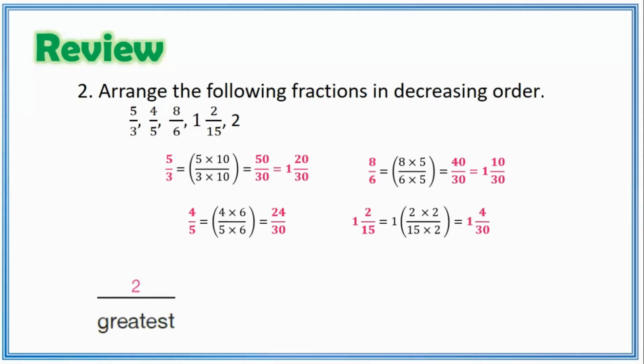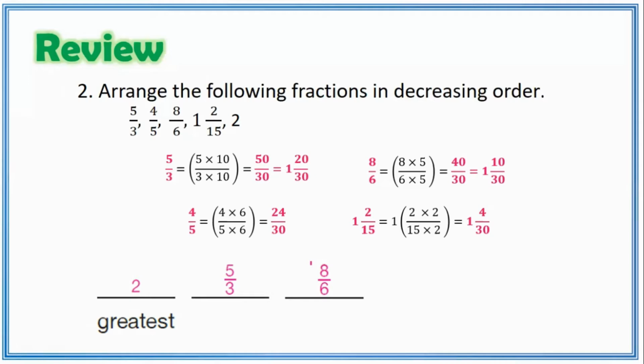So among these numbers, 2 is the greatest number, followed by 1 and 20 out of 30, or 5 out of 3. And then 1 and 10 out of 30, or 8 out of 6.